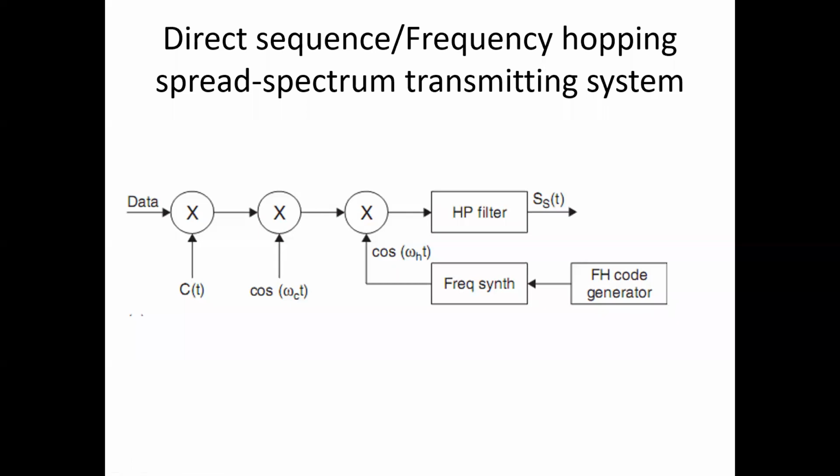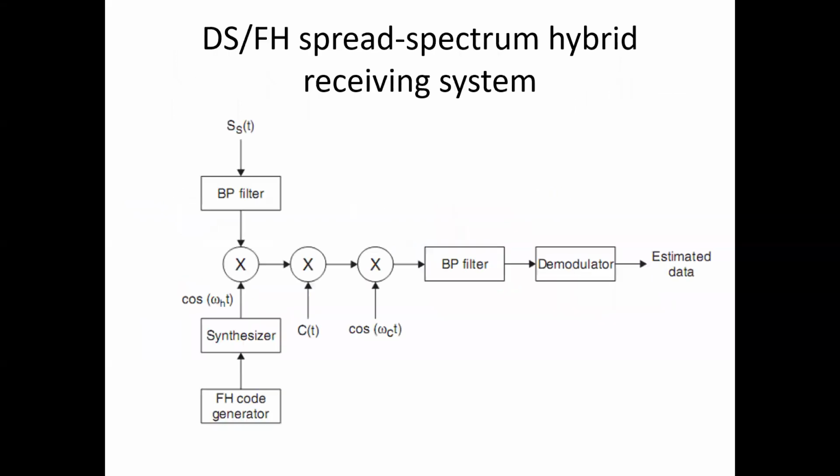And the omega h value depends upon the code generated in the system. Then band pass filter, and the transmitted signal becomes ready. This is the mixing, or the hybrid direct sequence frequency hopping spread spectrum system.